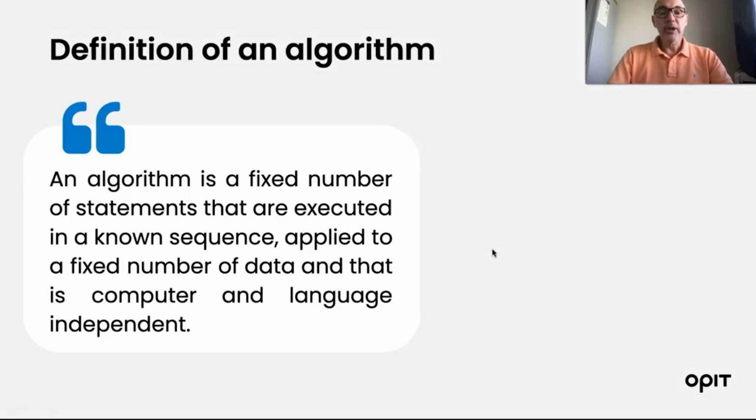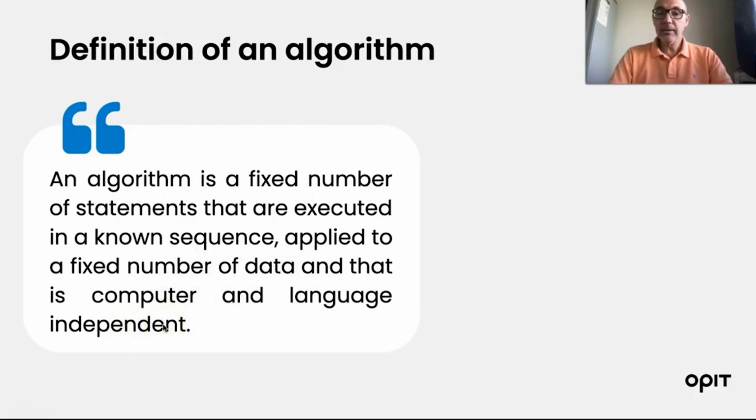In terms of definition, an algorithm is then a fixed number of statements, of instructions, of orders to give to the computer. These statements are executed in a known sequence and applied to a fixed number of data, and that is computer and language independent.